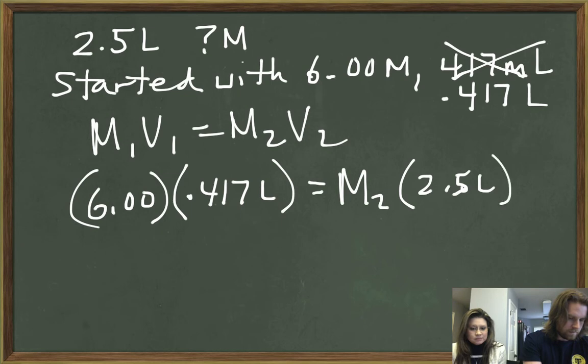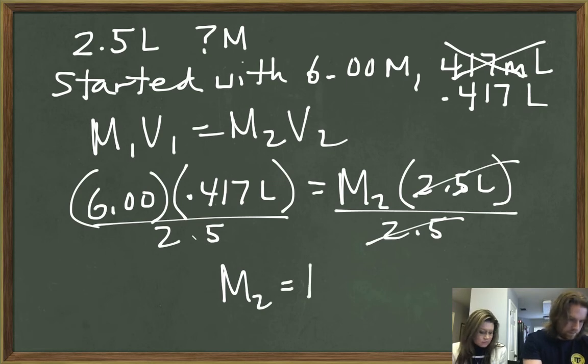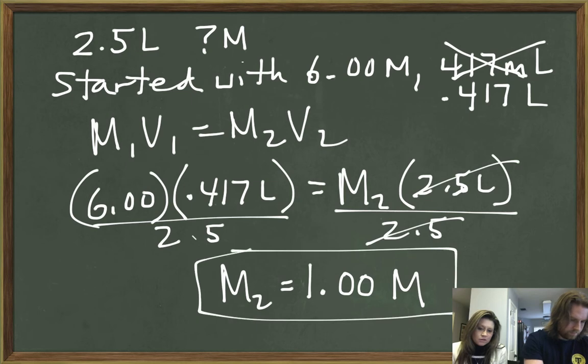So now we just have to solve for molarity 2. Basically we're going to divide both sides by 2.5. Those cross out. M2 is going to be equal to the stuff on the left, and that molarity is actually 1.00 molar.